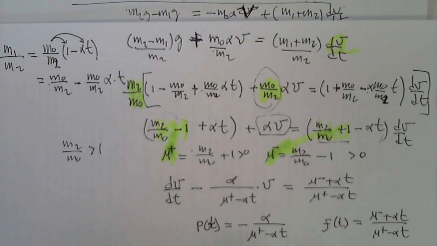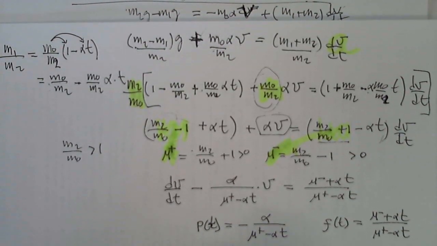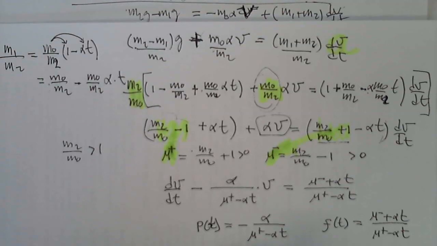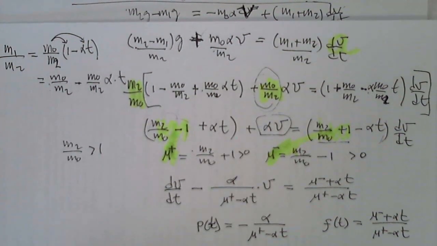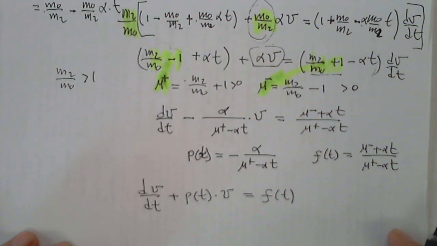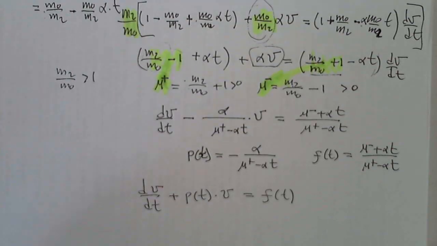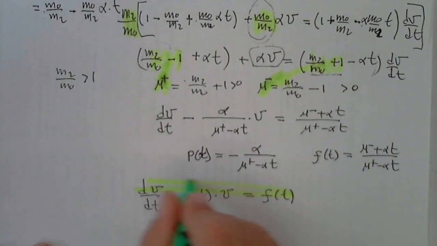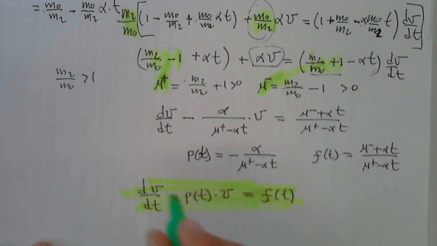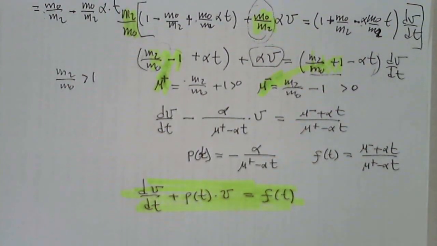So this equation is written like this. This is very important to have it like this, because this is how it is in the textbook.